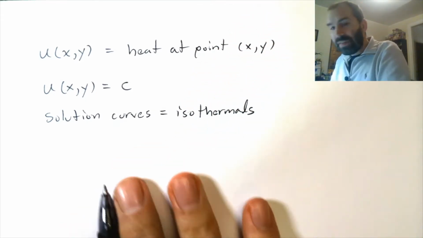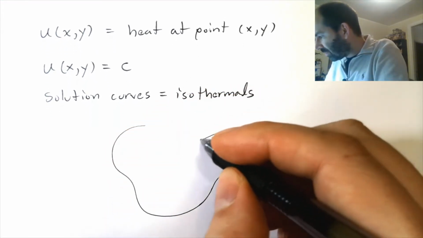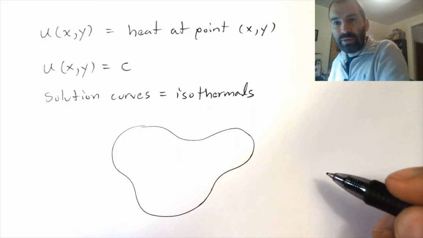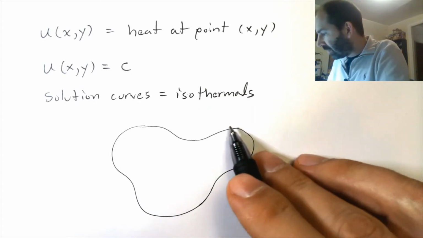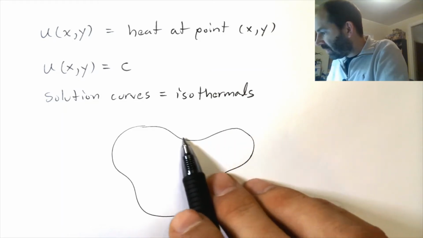Right? So on this sheet of paper, maybe it's constant temperature along that curve. That's an isothermal. Maybe that's where the temperature there is 15 degrees Celsius.